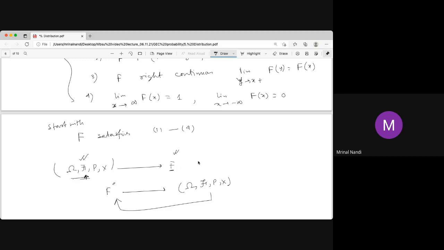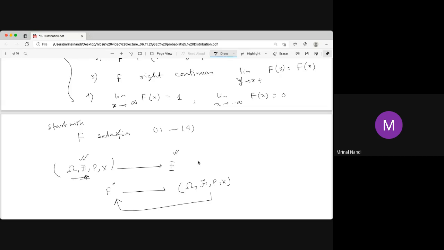We study all these theoretical distributions beforehand in our class, and once we go to the real field, in our research field, in a real scenario, there is no f. F is not coming from the sky. There is a random experiment, and now we have to relate this random experiment to which f it can be.